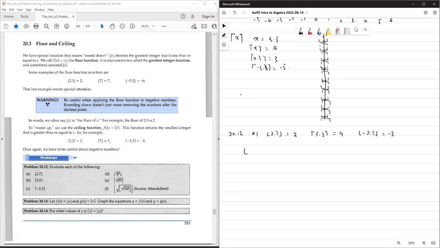So the floor of 123 over 5, that would be 120 divided by 5, which is 24. Okay, this is the floor. So this one actually equals 24.6 if you calculate it out.